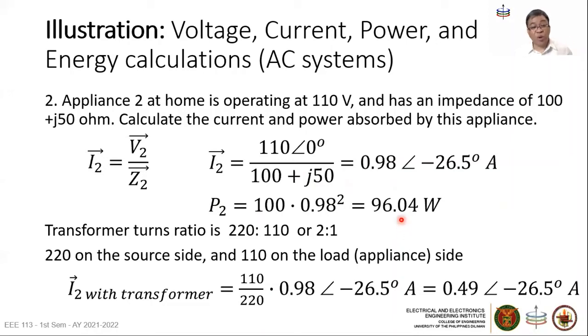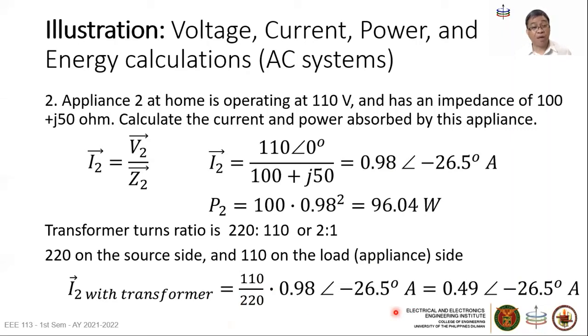But wait, we were told that we need to use a transformer for that. So the transformer will have a ratio of 110 to 220. 110 on the low side, appliance side, 220 on the high side, the outlet side. So that's the turns ratio multiplied by the current drawn by appliance 2. That's a scalar quantity.